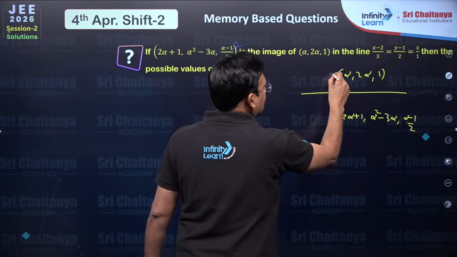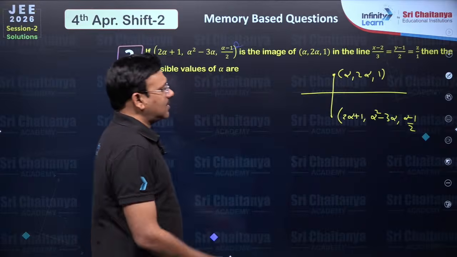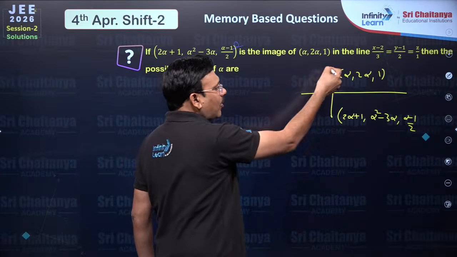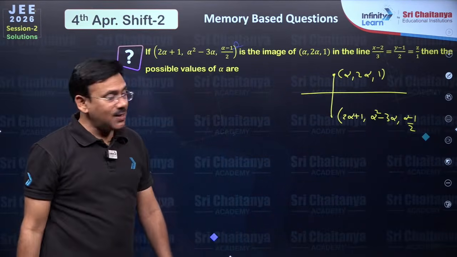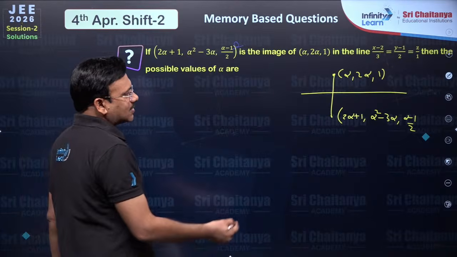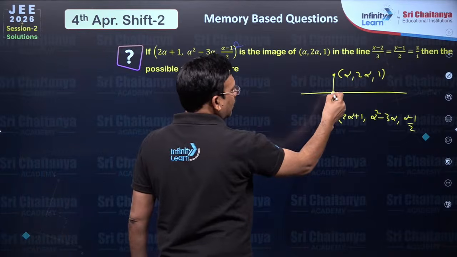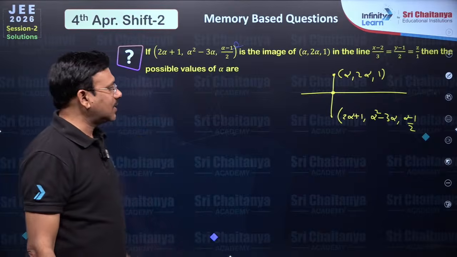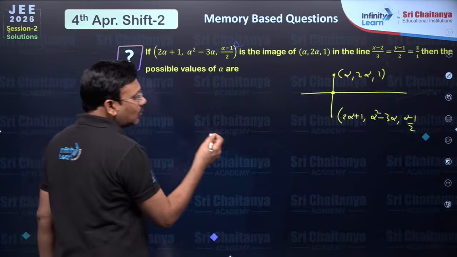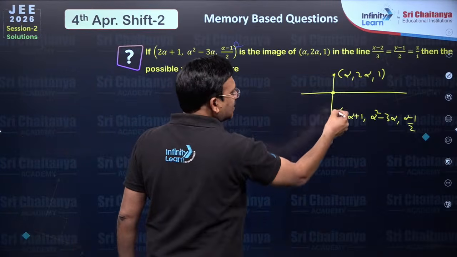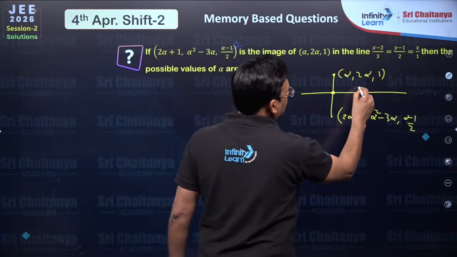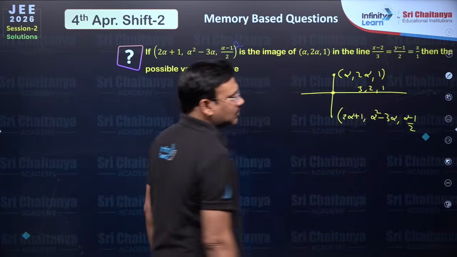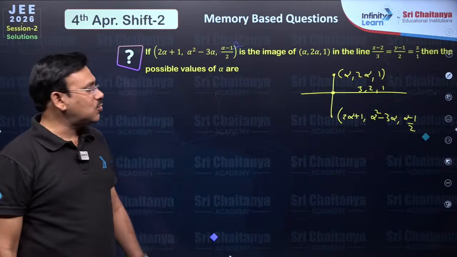So this point is the image about this line, in the sense simply the midpoint of this must be going to be on this line. That is the thing. Not only that, you need to apply that DRs must be perpendicular to 3, 2, 1. So two constraints you need to apply.